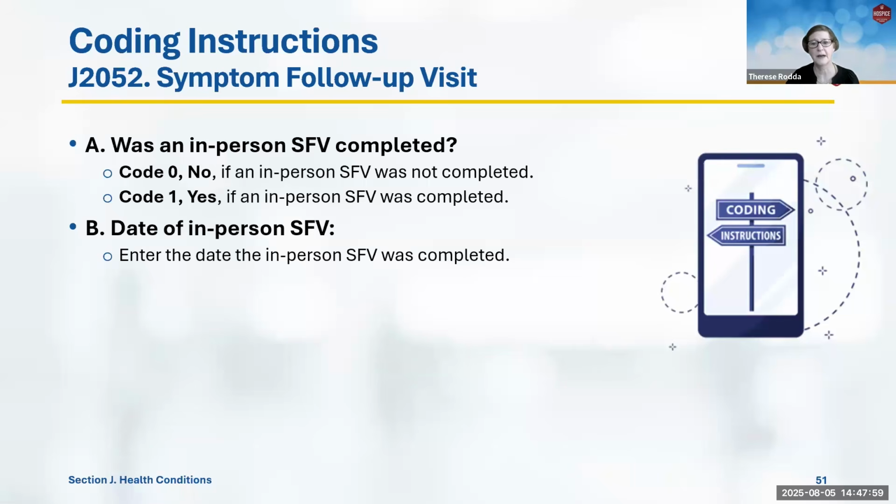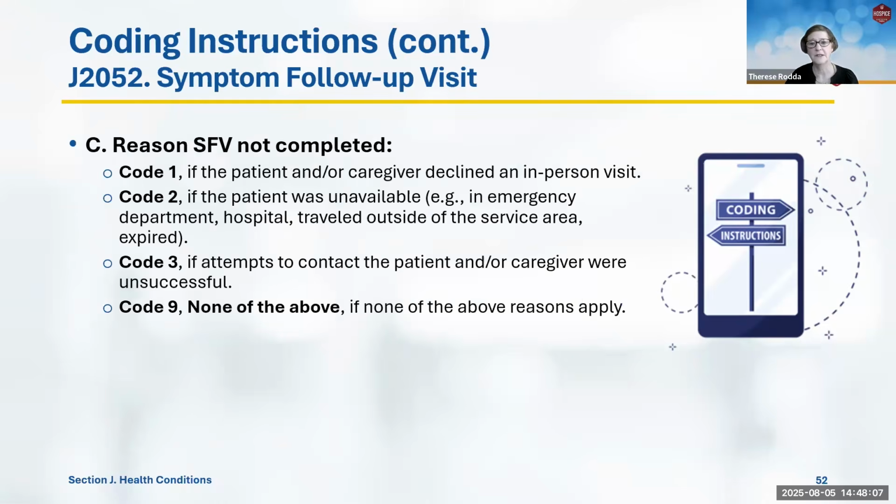J2052 SFV asks if an in-person visit was completed, and if so, to enter the date. In the event the SFV was not completed, Part C asks for the reason. There are 4 possible coding responses. Code 1, if the patient declined the in-person visit.